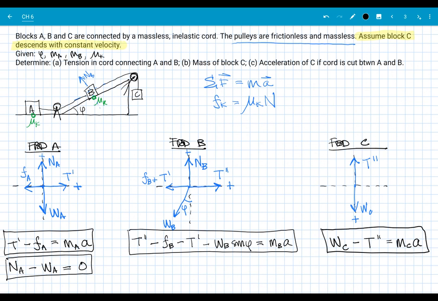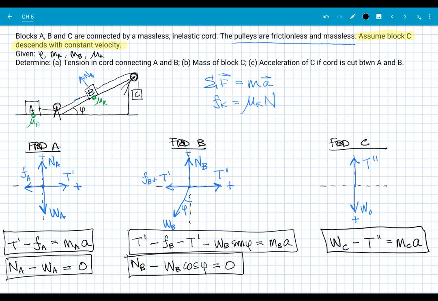I'll do block B: normal force B minus the component of weight that points in the negative y, W sub B cosine phi, equal to 0. That's my y-axis statement. And then I don't have an additional statement for block C. So I've got basically 5 statements here that I've rendered.